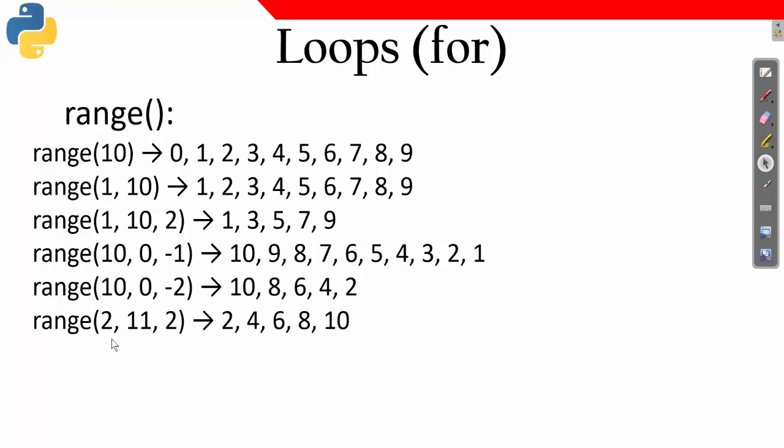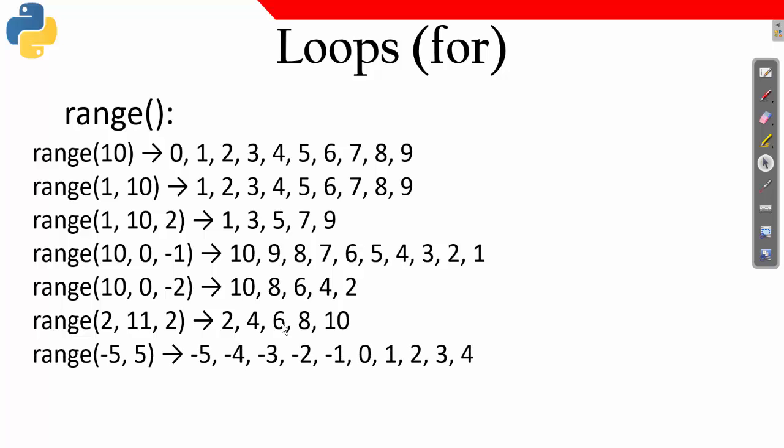If I am writing 2 to 11 with an increment of 2, it will be 2 to 10 with an increment of 2. If the increment is missing, by default it takes an increment of 1. You see here -5 to 5, so -5 to 4 only is getting printed.